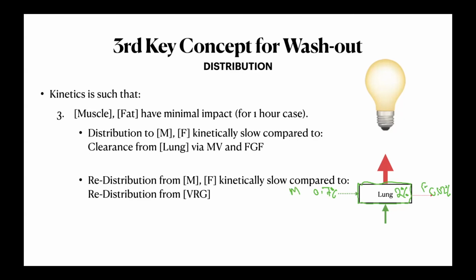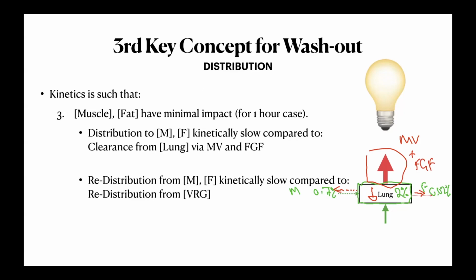And so initially, there's actually distribution to your muscle and fat. But because they're so kinetically slow, they have minimal impact in terms of reducing the concentration in the lung. And the primary way to reduce concentration in the lung is not through distribution, but through your minute ventilation and your fresh gas flow.